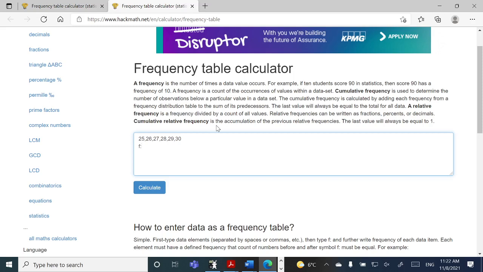So the number 25 happens 12 times. The number 26 happens 14 times. The number 27 happens 12 times. The number 28 happens 8 times. The number 29 happens 4 times. And the number 30 happens 0 times, which you'd think shouldn't really even be part of your data, but they put it there, so we'll enter it in. And now it's going to do all of the calculating that the last calculator did for us. Mean, median, mode, range, all of that.